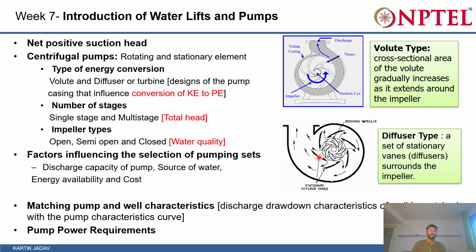Then we have the centrifugal pump, specifically focused on that. A centrifugal pump has two elements: one is a rotating element and one is a stationary element. You can see here that the impeller is a rotating element, and the vanes and diffuser are a stationary element.